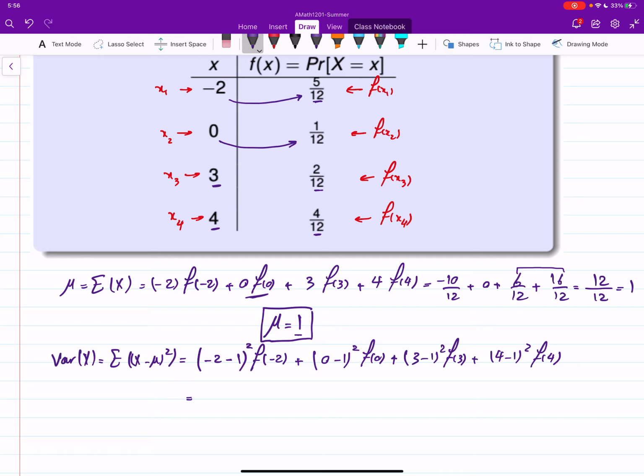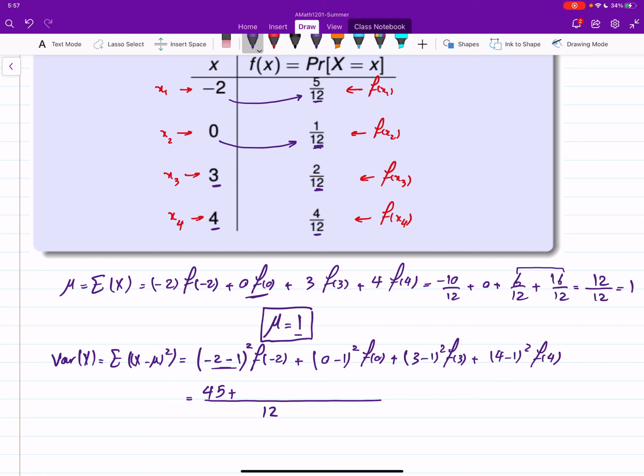And if you calculate those, this is (-3) squared, 9, 9 times 5 over 12. This is 45 over 12. So I'll put the 12 everywhere because 12 is the common denominator in this case. 0 minus 1 is -1. Squared is 1 times f at 0.